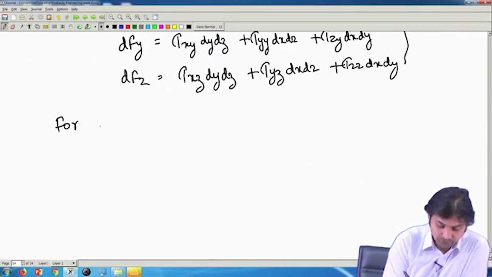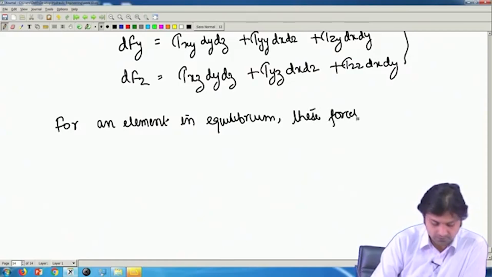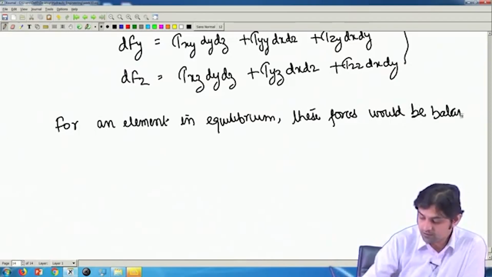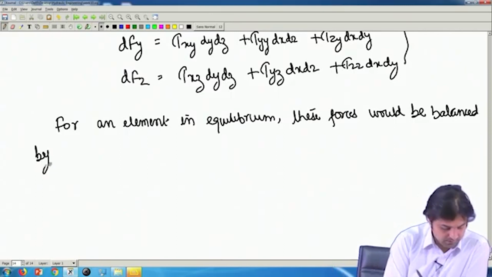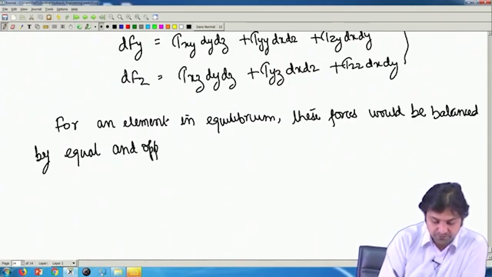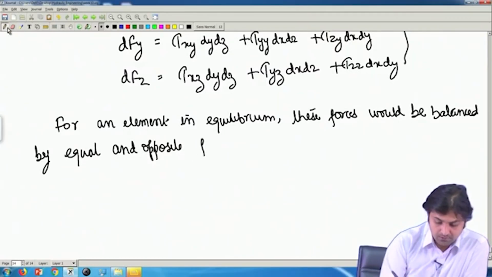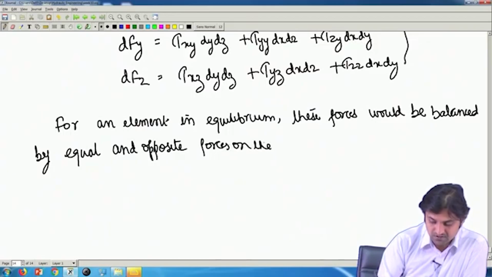So for an element in equilibrium, these forces would be balanced by equal and opposite forces on the back sides, right.